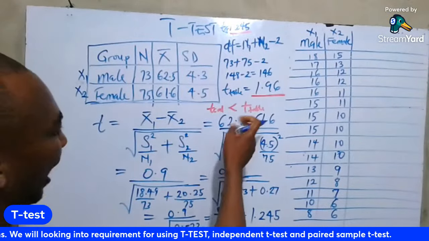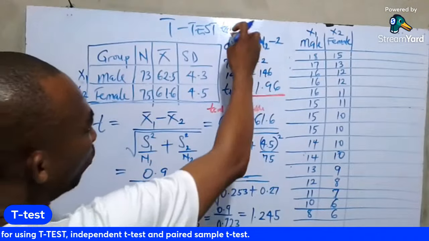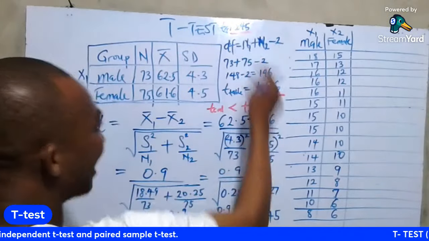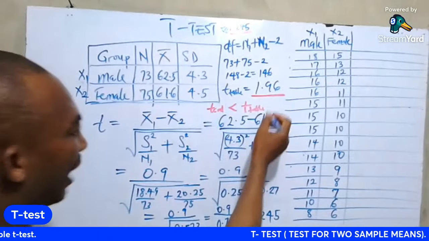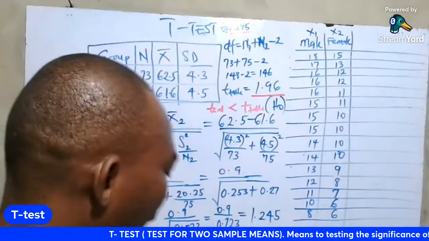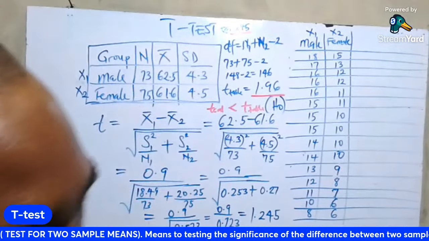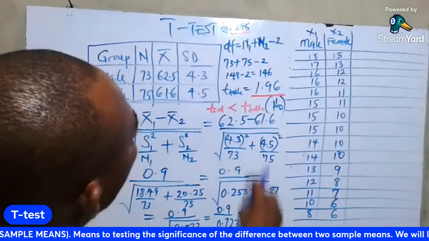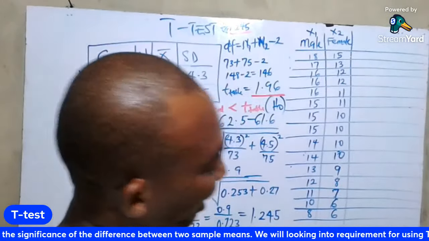And what we check there now, as you can see, 1.245 is lesser than 1.96, and therefore we take the null hypothesis, which is there is no significant difference in the performance of the male and the female. If this is bigger, we'll take the alternative which says there is what?